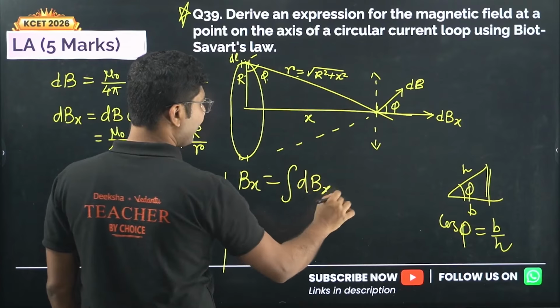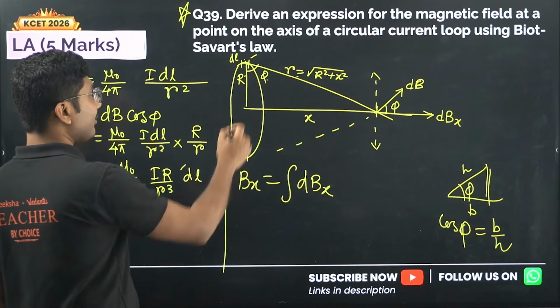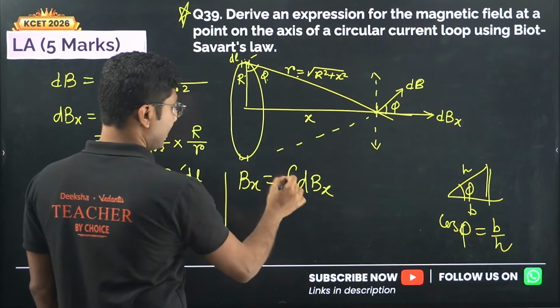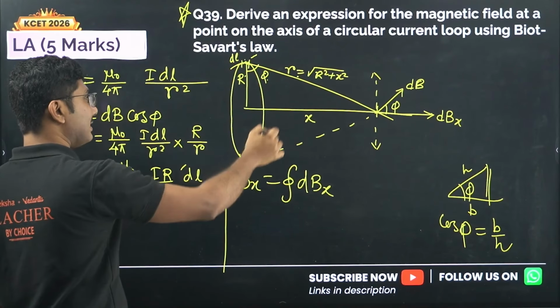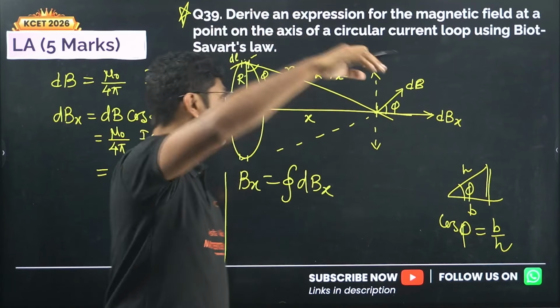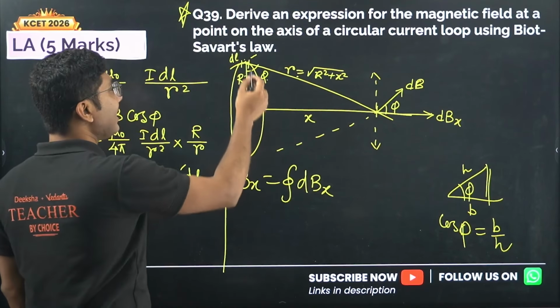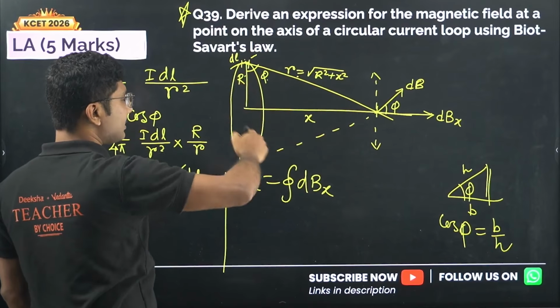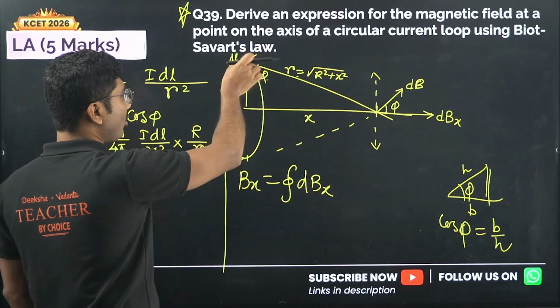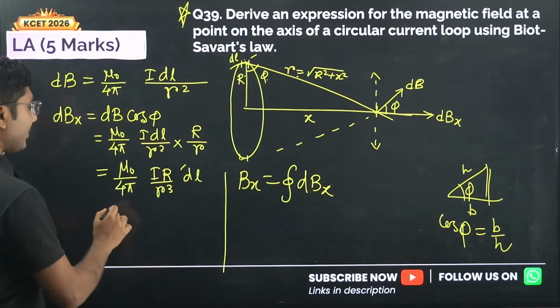I know many of you hate integration, but there is no other option. So dl over here is a closed integration. The integration is happening across this circle. Previously it was happening from infinity to some point. Here the point is fixed, so there is no requirement of infinity or anything. Here integration is happening across this circle only. You are taking small dls and adding them, because everything in the remaining portions is constant.